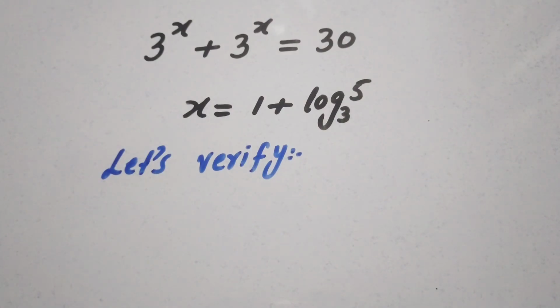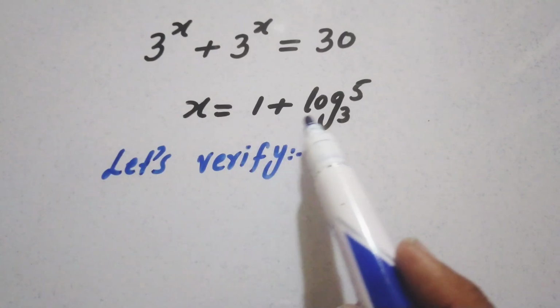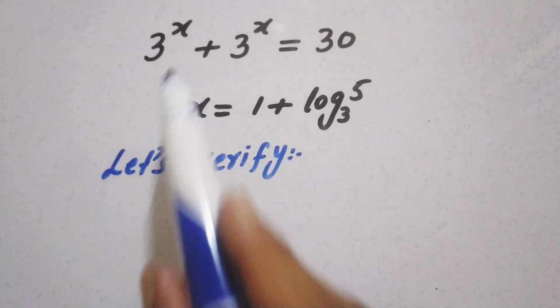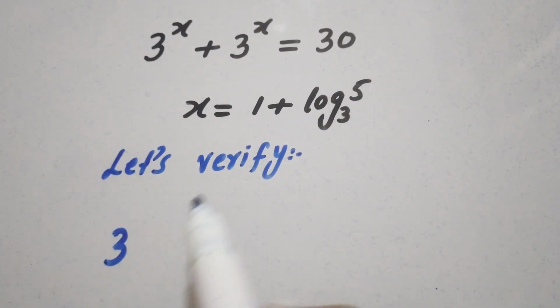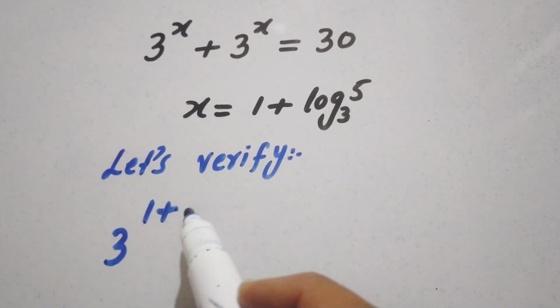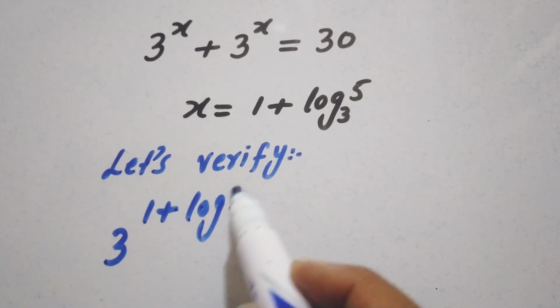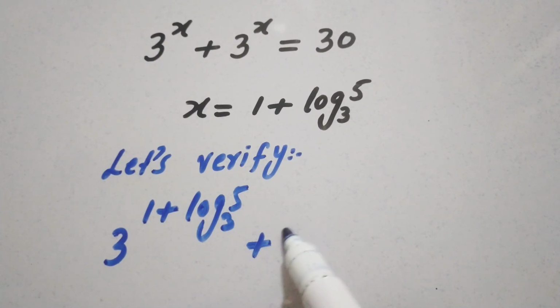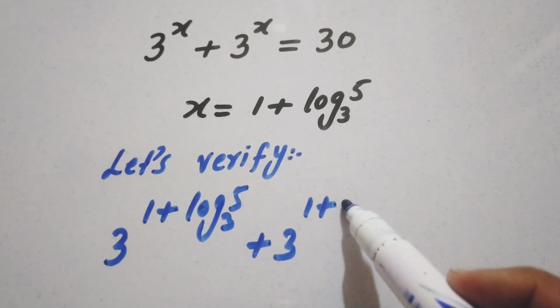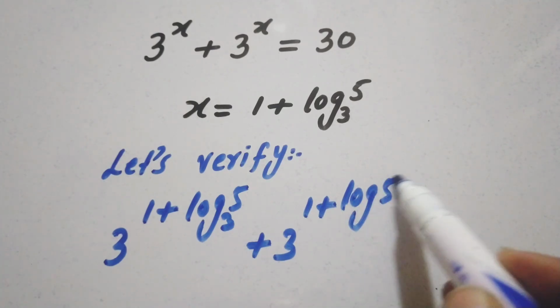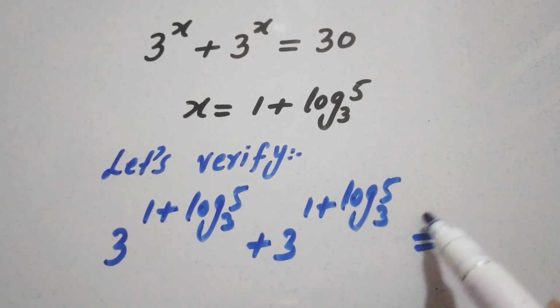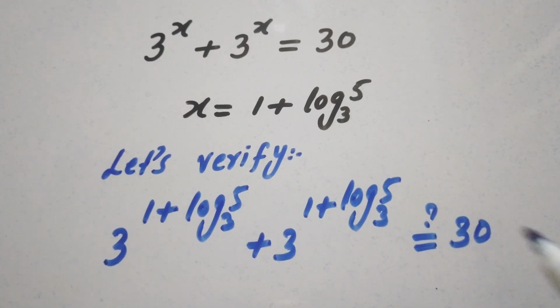In the verification process, we will use x as 1 plus log 5 to the base 3 here. So this will become 3 to the power x, which is 3 to the power 1 plus log 5 to the base 3, plus 3 to the power 1 plus log 5 to the base 3, whether it is equal or not equal to 30.